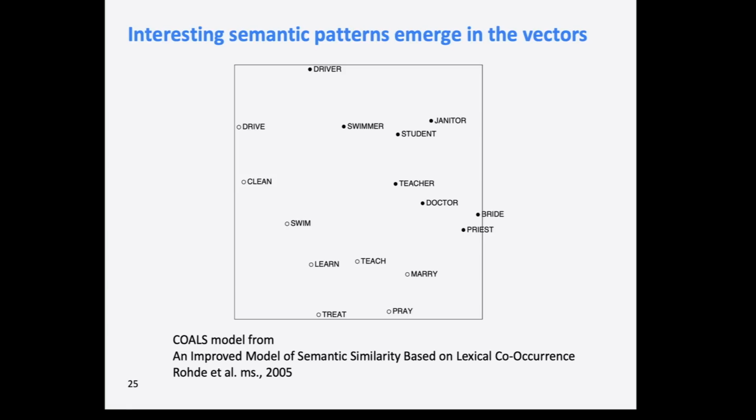No one had thought of the idea of doing the analogy tests, but the thing that in retrospect is obvious is that if you can construct a vector space that has this linearity property, then you're definitely going to do well in analogies.